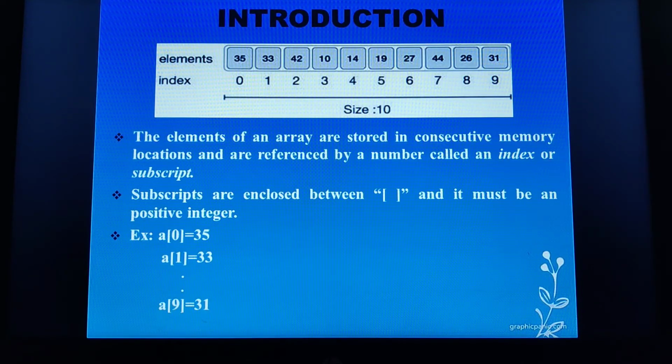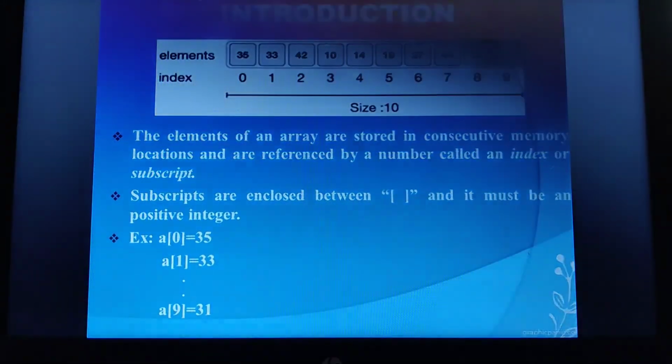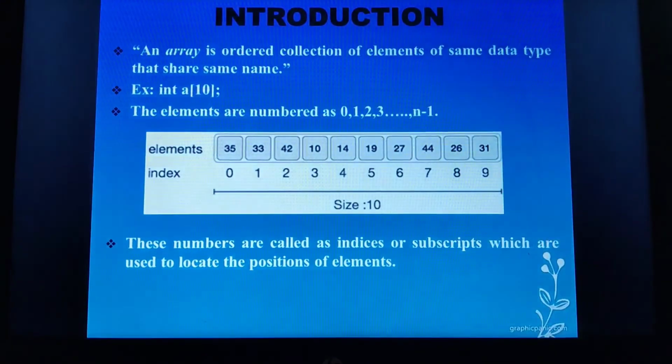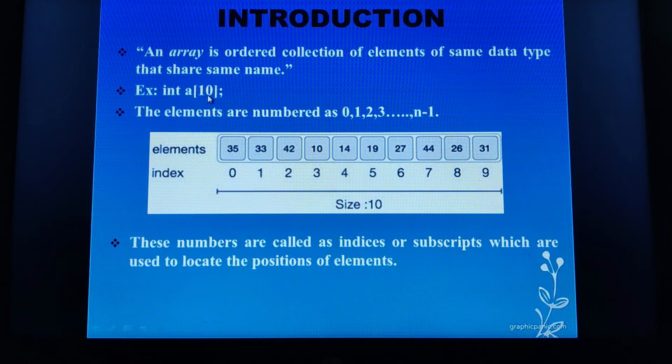Now when I say int a of 10, as per this example, how are these 10 elements stored in the memory? They are stored in contiguous memory allocations. Contiguous memory allocations means sequential locations, one after another.